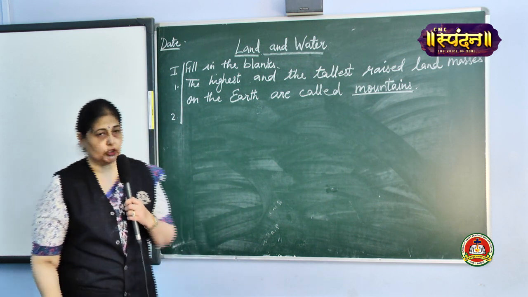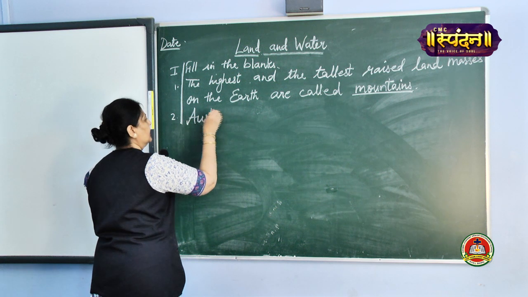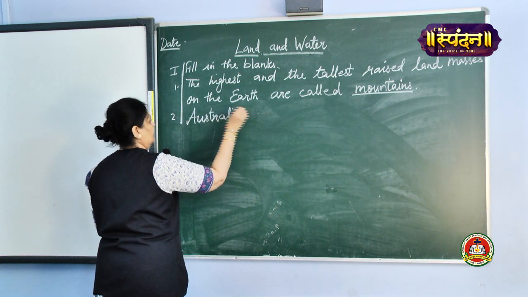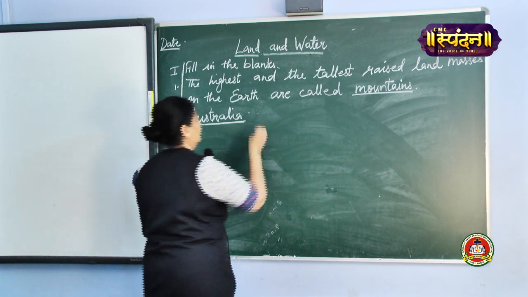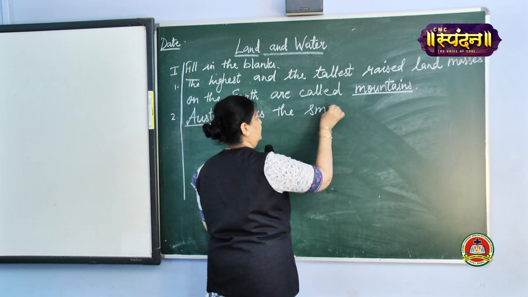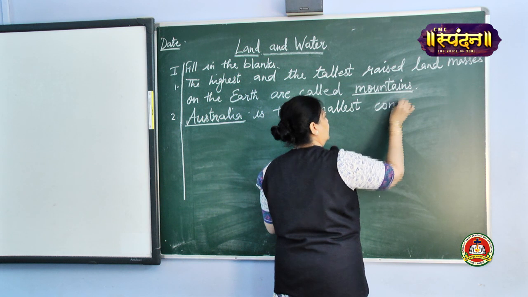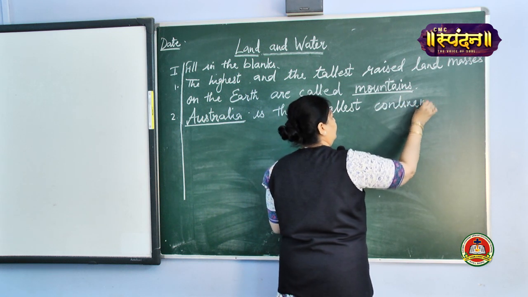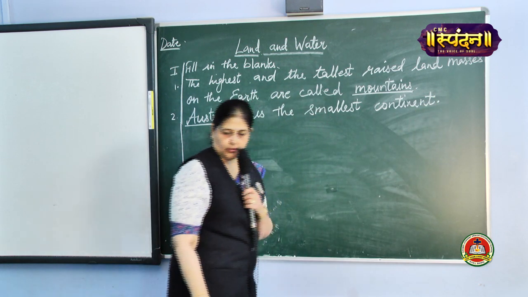Dash is the smallest continent. Australia. Australia is the smallest continent. Alright?